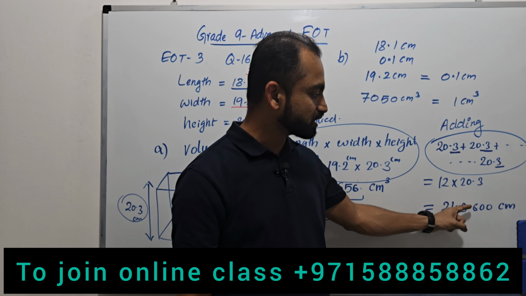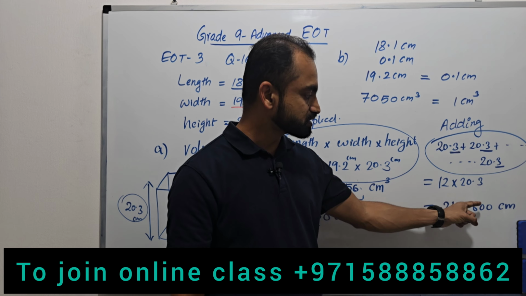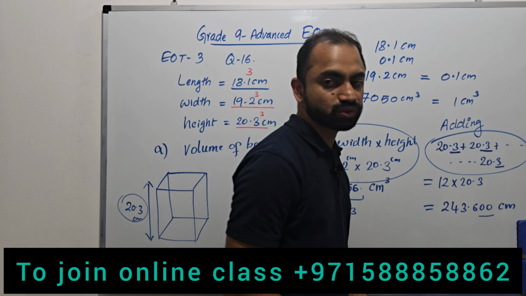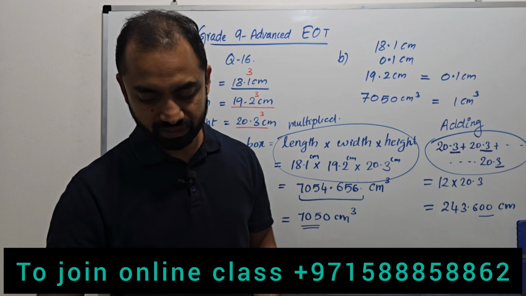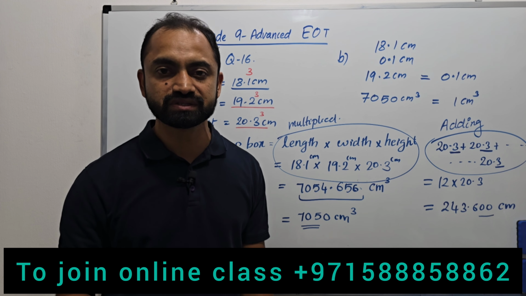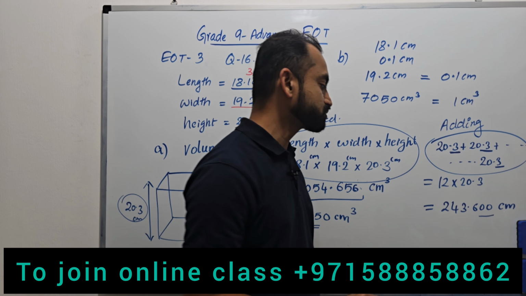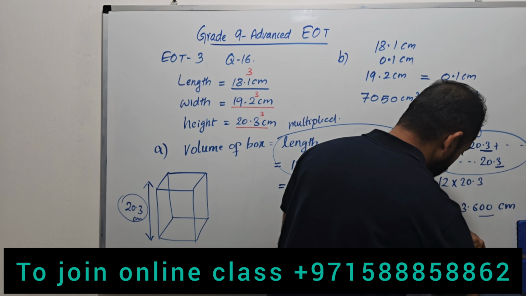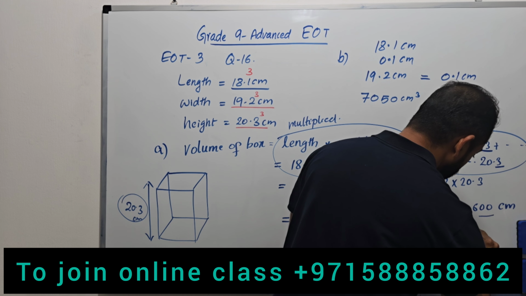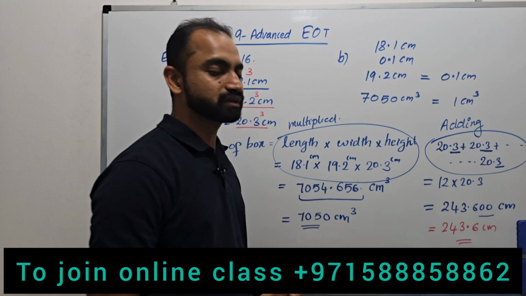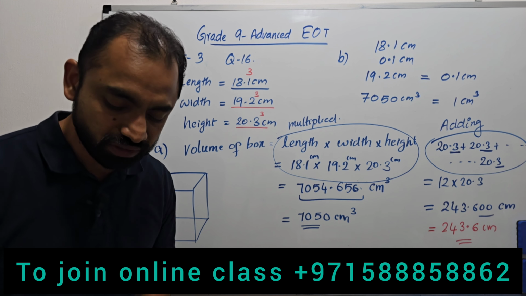How many digits are there in this answer after the decimal? Three digits. So we should not write like that. We need to write in the correct number of decimal places when adding or subtracting. So we need to write 243.6 centimeter.